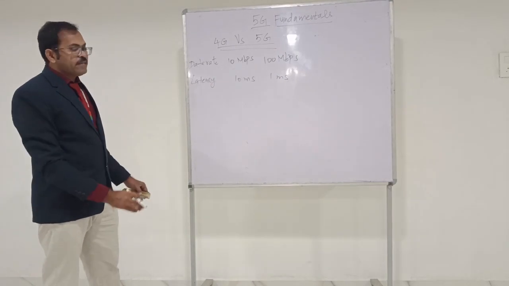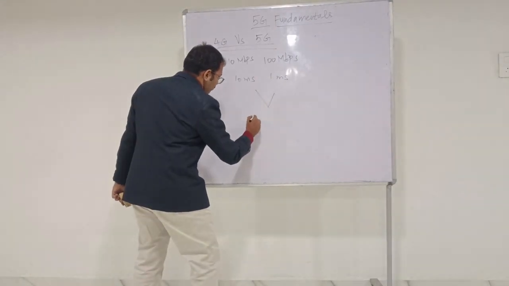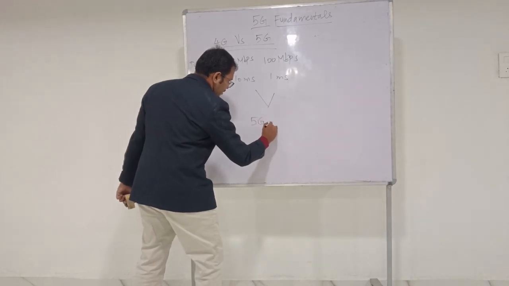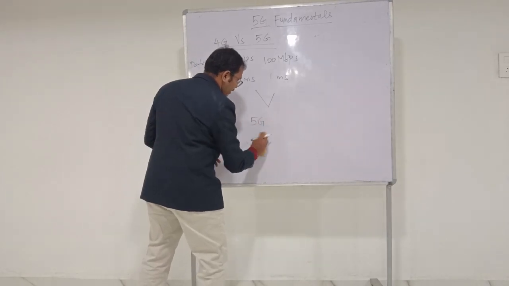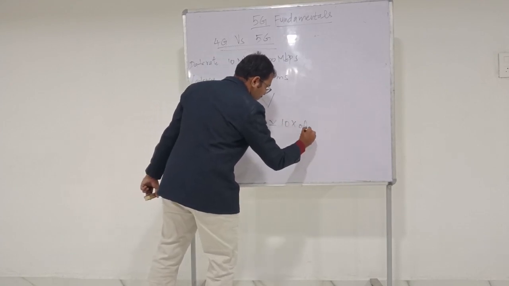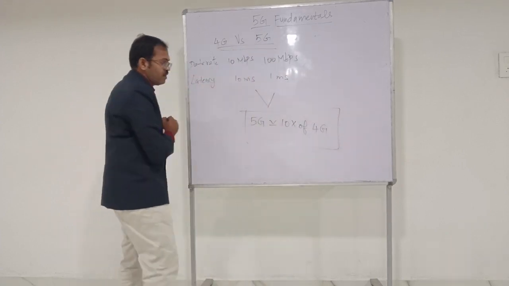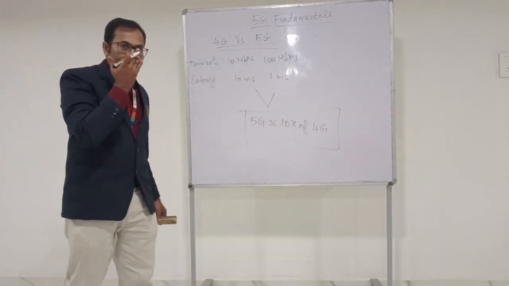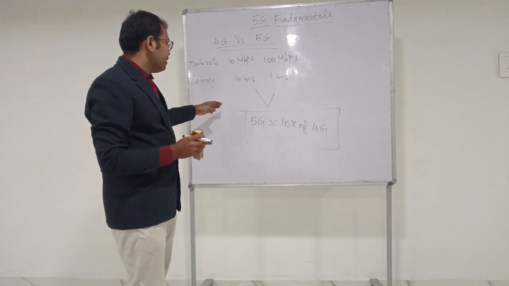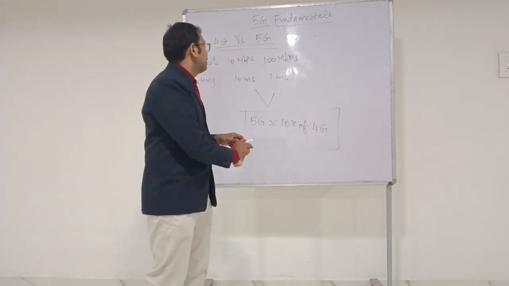If you compare these two, we can very well say 5G is approximately 10x of 4G. This is the interpretation you are supposed to draw: in data rate and latency, 5G is 10x faster than 4G.